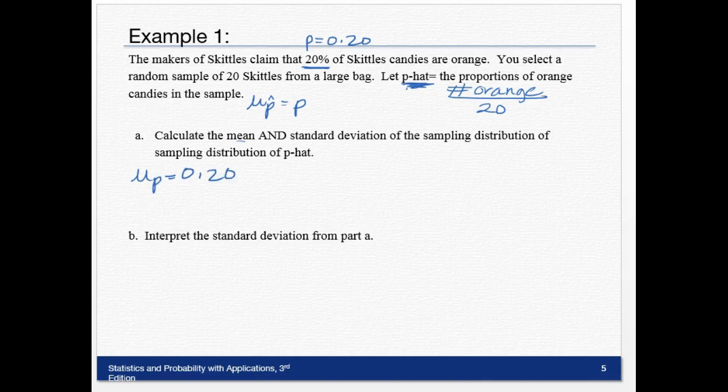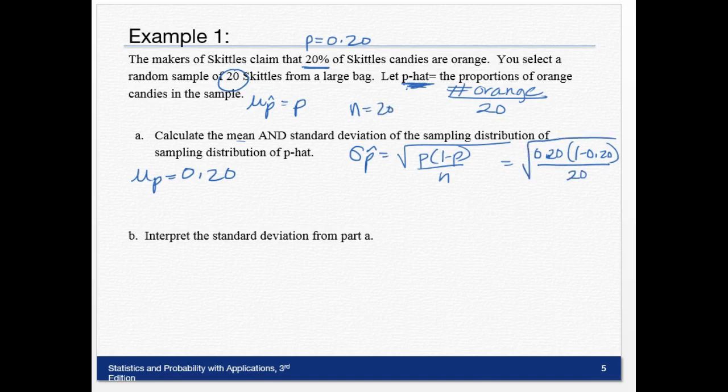Easy enough. Now, to find the standard deviation of p hat, we use those symbols and that big old square root. Remember, the formula says p times 1 minus p over n. So let's rewrite this in terms of our problem. The p-value is 0.20, times 1 minus 0.20, divided by our sample size of 20, so n was 20, and take the square root of all of that.